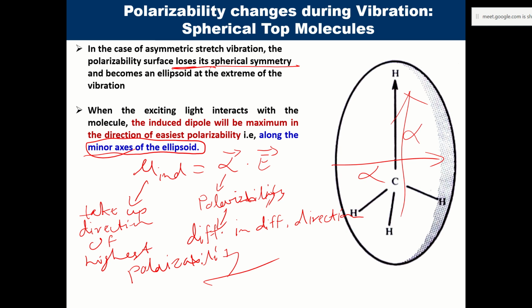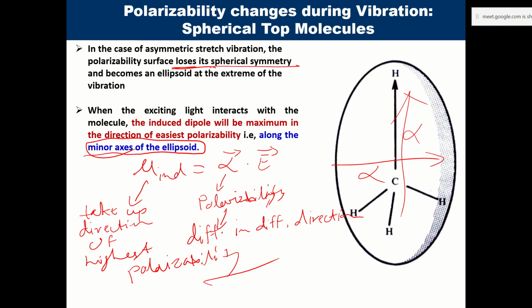Now see, within a container you have a large number of molecules, all vibrating, and at the same time they are also undergoing rotation. So there will be many such ellipsoids. If one is oriented vertically like this, the other will be oriented in a different fashion.